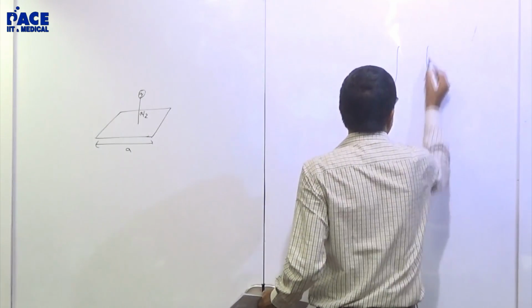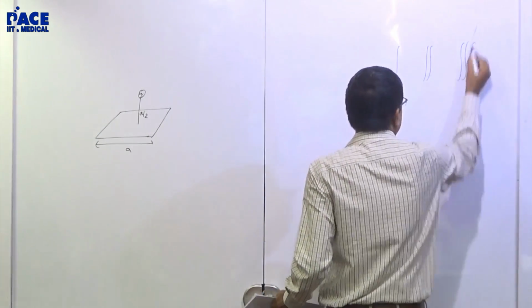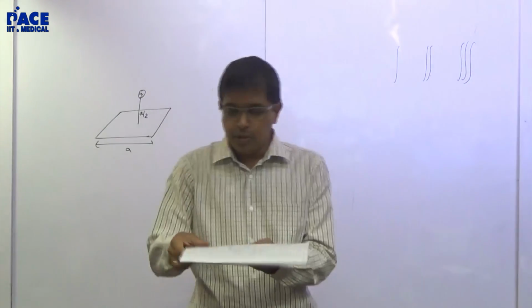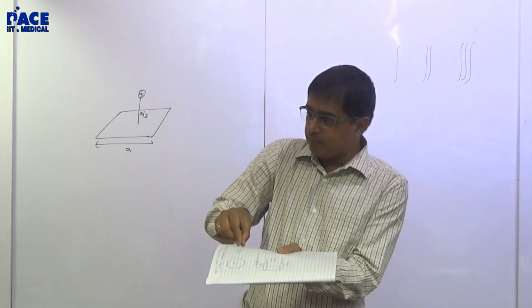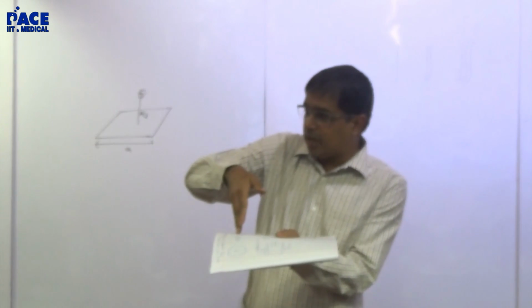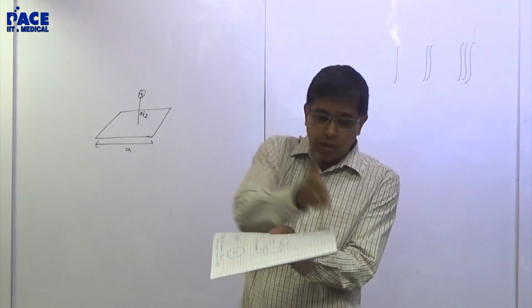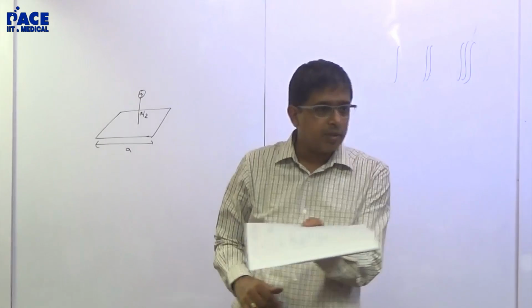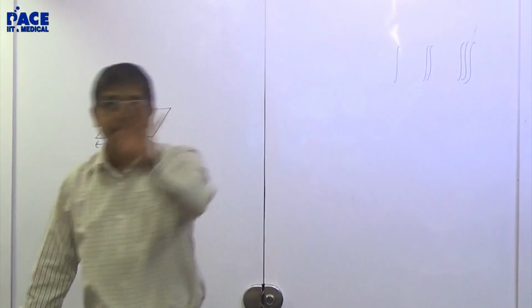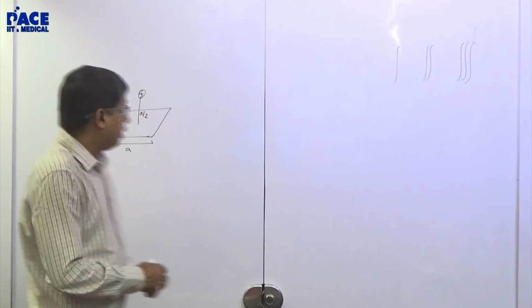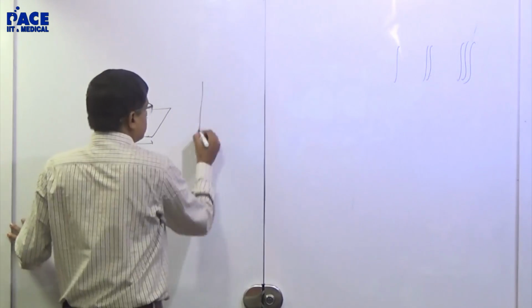Line integral will be this, surface integral will be this, volume integral will be this. You take a small element here, you have a charge Q, you take the flux all throughout this length, and integrate from here till here to get the total flux. But surface integrals are not there in your syllabus. Then, how do you go about this?